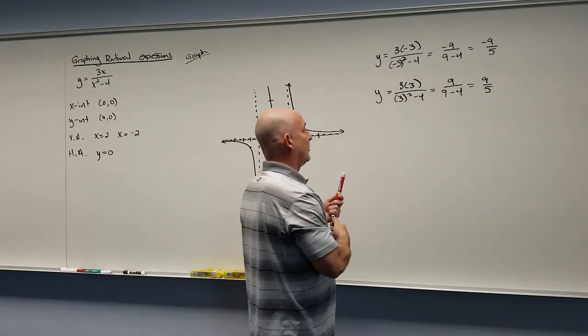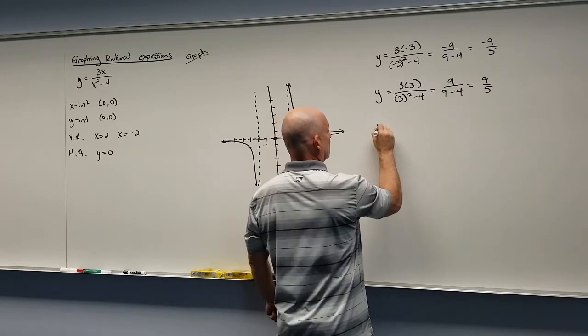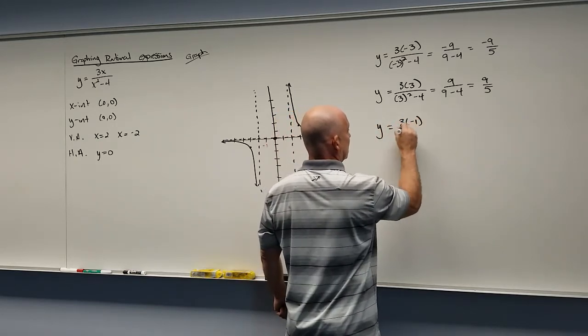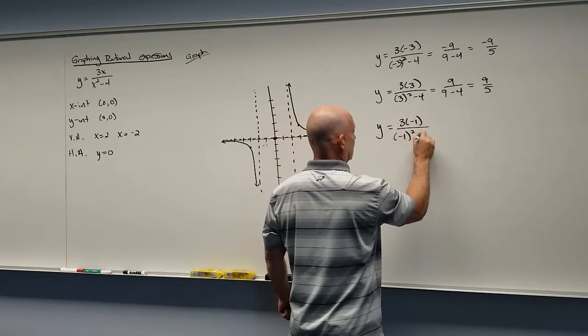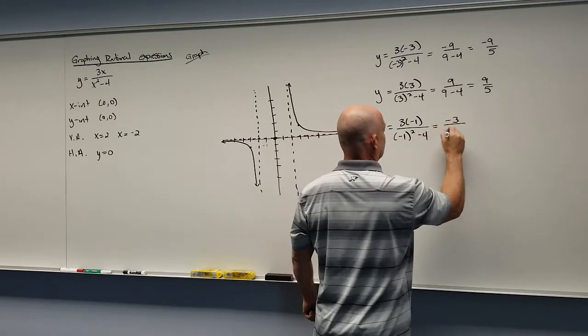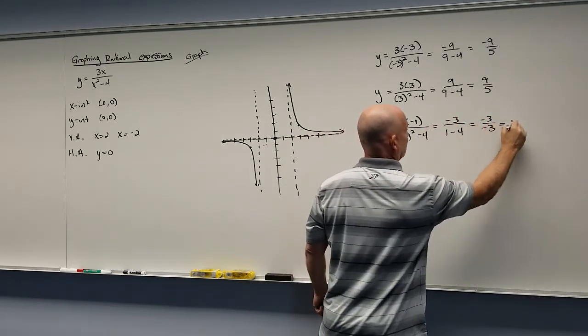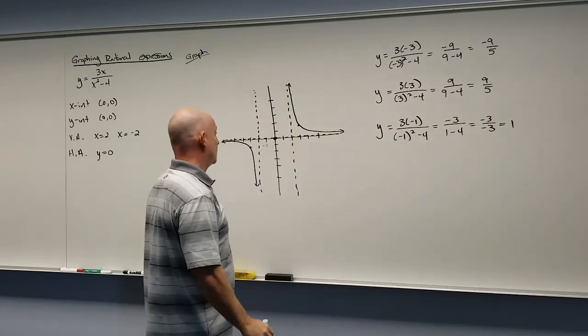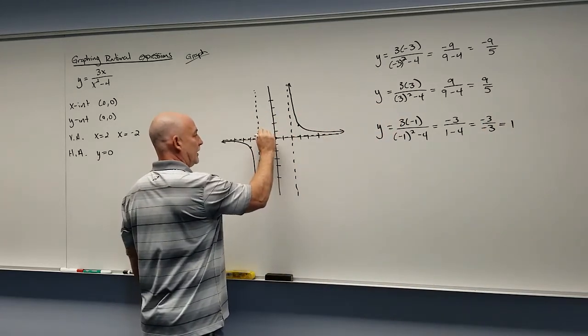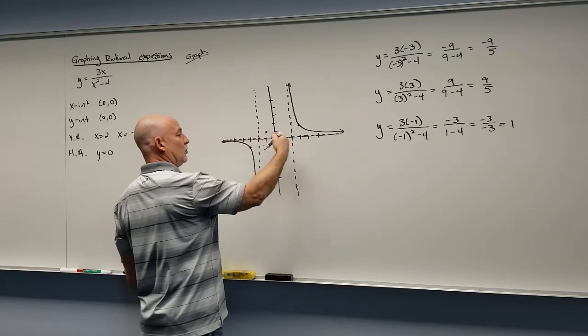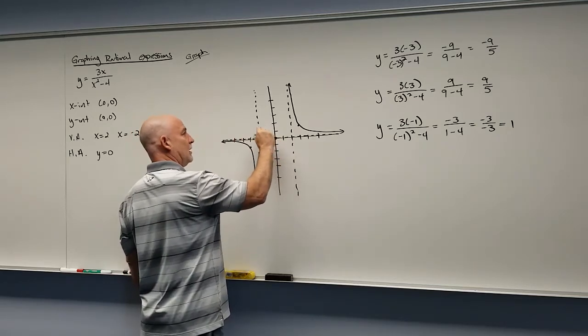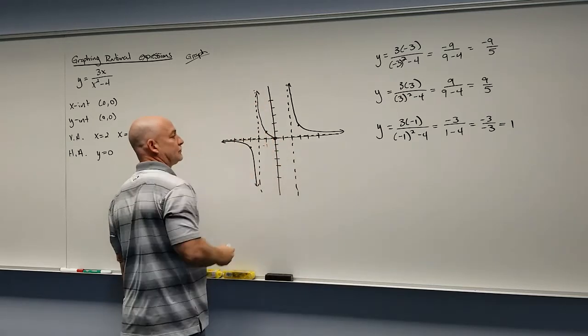So what happens as we go to the left? I plug -1 into there. That's 3 times -1 over (-1) squared minus 4. That's -3 over 1 minus 4, -3 over -3. So that's up there, 1. So you can see as I go towards -1, the graph is heading up, so it goes like that.